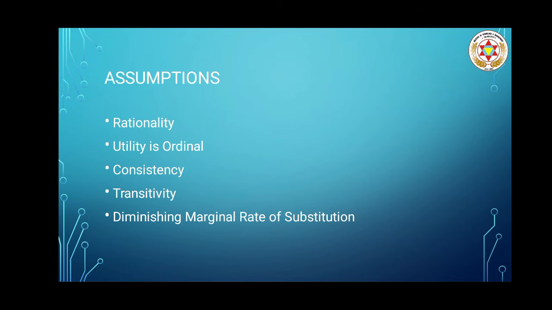That means the rate of substituting one commodity for the other along an indifference curve diminishes: if a consumer chooses more of the Y product, then he must give up some units of the X product to keep him at the same level of satisfaction.